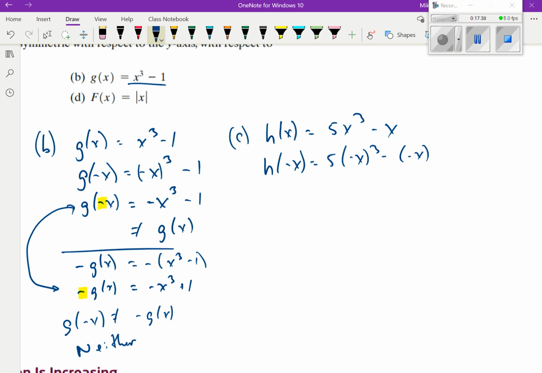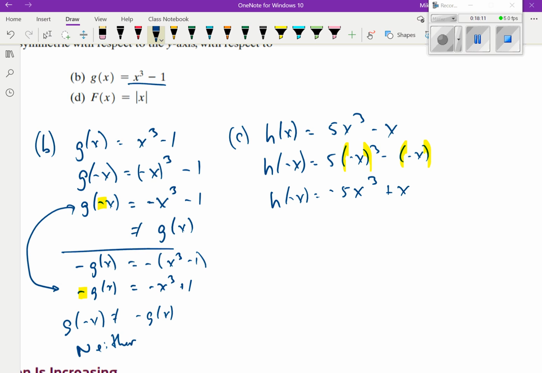And one of the things I like to do when I do these substitutions is put parentheses in here because that way I'm less likely, not to say completely eliminate it, but less likely to make a mistake with my signs. Okay? So let's see here, h of negative x, negative x cubed: a negative times a negative is positive, times another negative is negative. So with negative 5x cubed, double negative again, I end up with negative 5x cubed plus x.